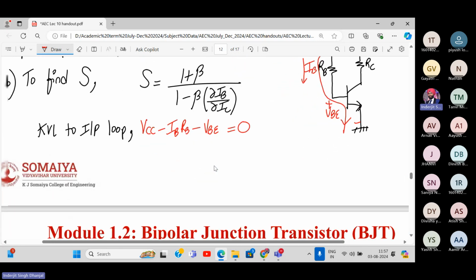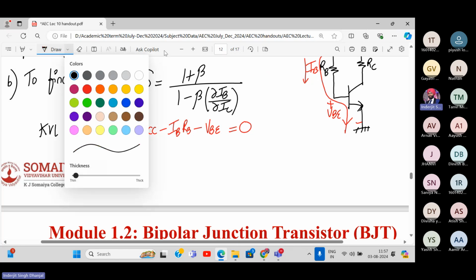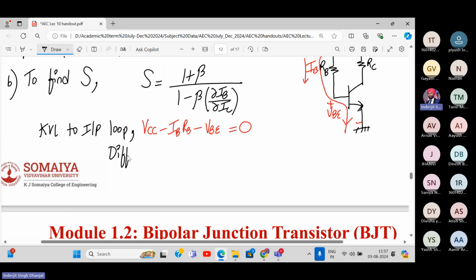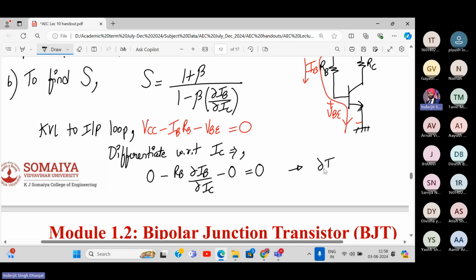Now this expression we differentiate with respect to IC, which will give: VCC is a constant, so it will be 0, minus RB is a constant, so you will get delta IB upon delta IC. VB is a constant, we treat it as a constant for the analysis. So it will be equal to 0. What does that mean? Delta IB upon delta IC is 0 for fixed bias circuit.